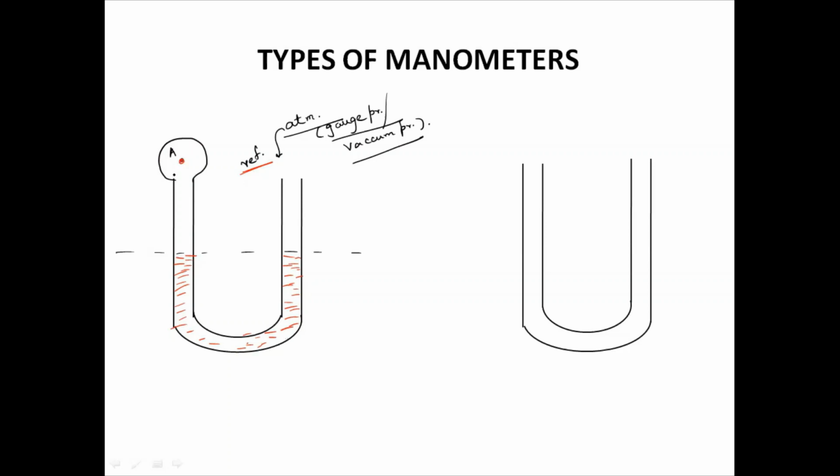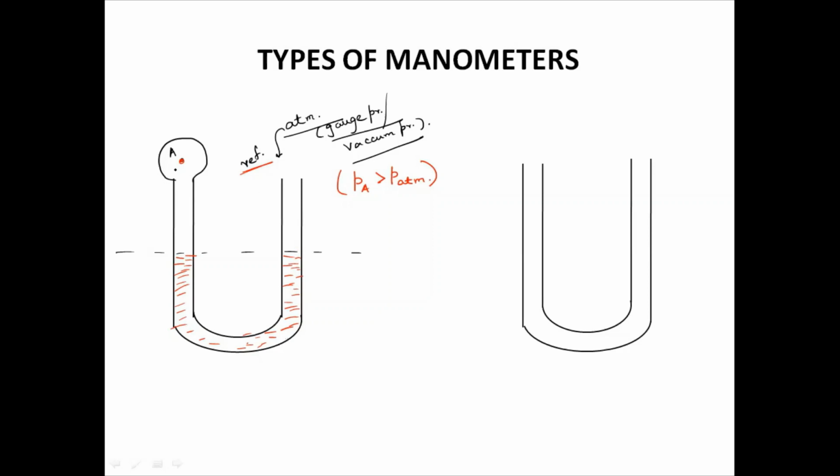As the pressure PA is more than the atmospheric pressure, what will happen? This liquid will create more pressure over this column and it will go up.